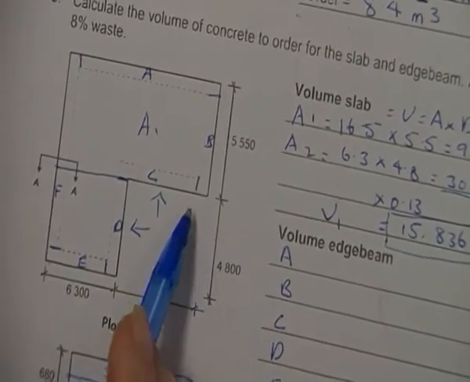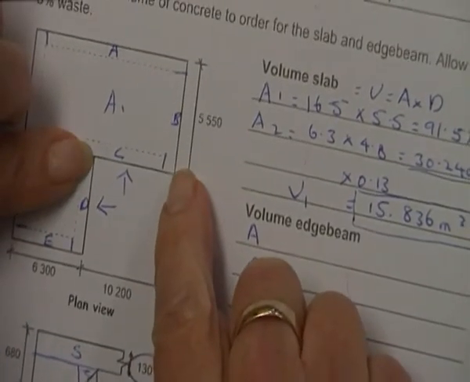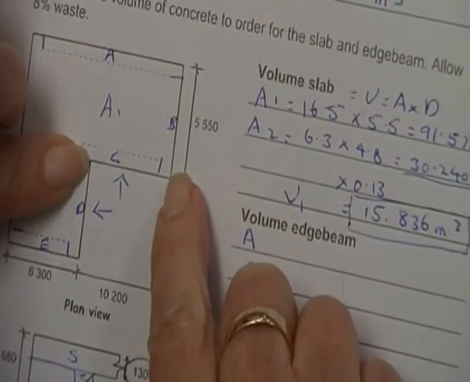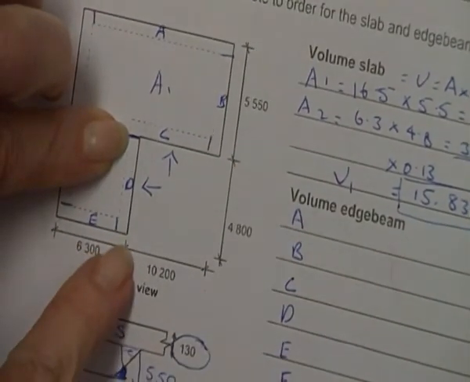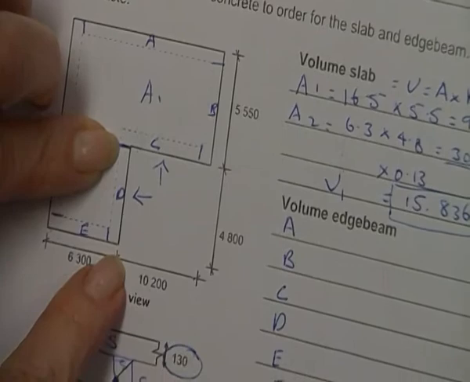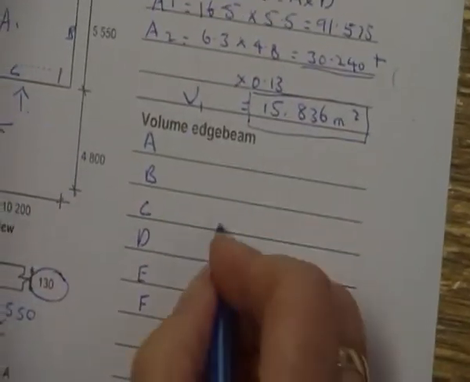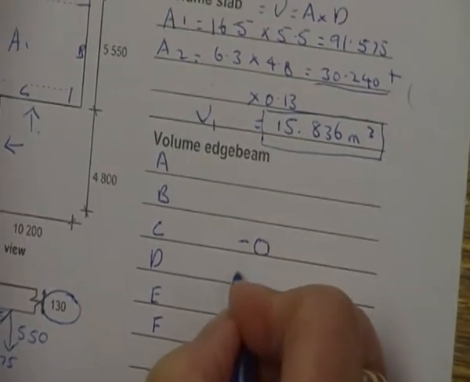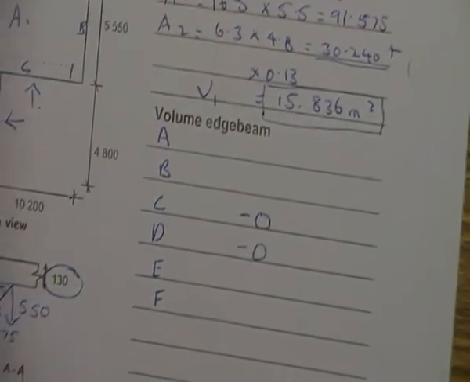If I look at C, 10.2, originally it went from there to there. All I've done is slide it along. And the D side has not changed, 4.8 at all. So what I like to do for these two sides is put in minus 0 straight away so I don't forget. I'm not taking anything off those two sides.